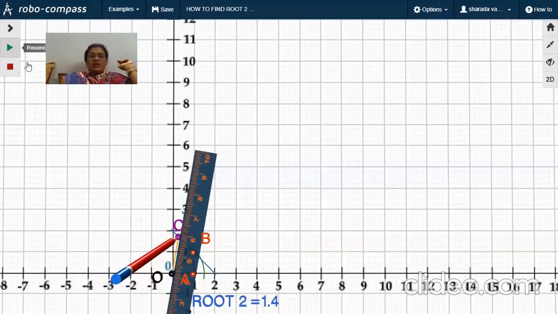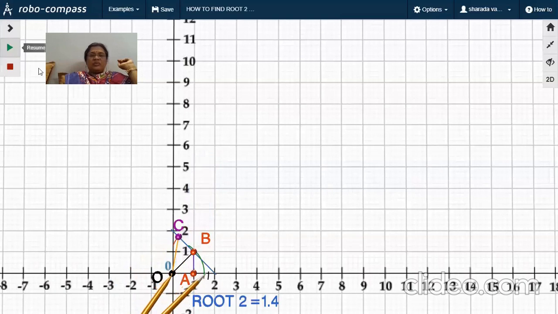Now see here, OB will be √2 and CB will be 1 unit. So definitely OC will be root of √2 whole square plus 1 square. That is √2 whole square will be 2, 2 plus 1, that is 3.